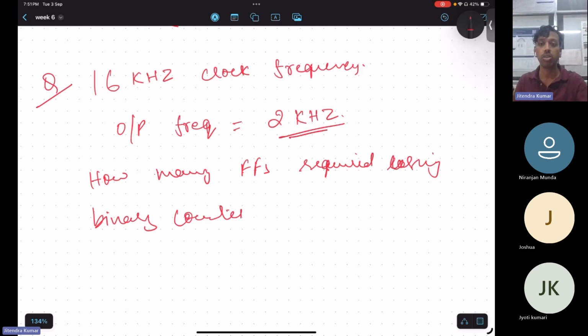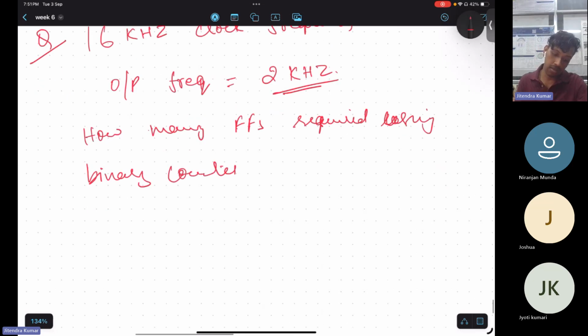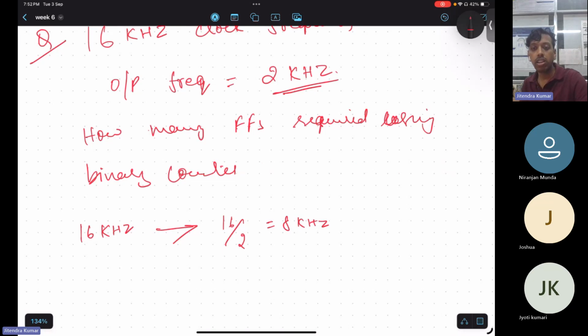So for a binary ripple counter, if you have 16 kilohertz as input and you use one binary counter, then your frequency will come to 16 by 2, that will be 8 kilohertz. Then further if you go, it will reduce further.